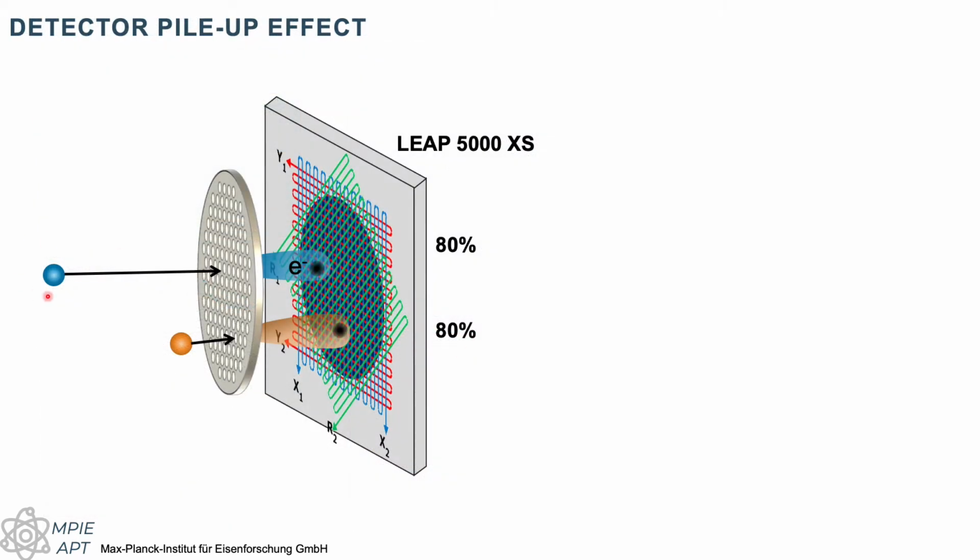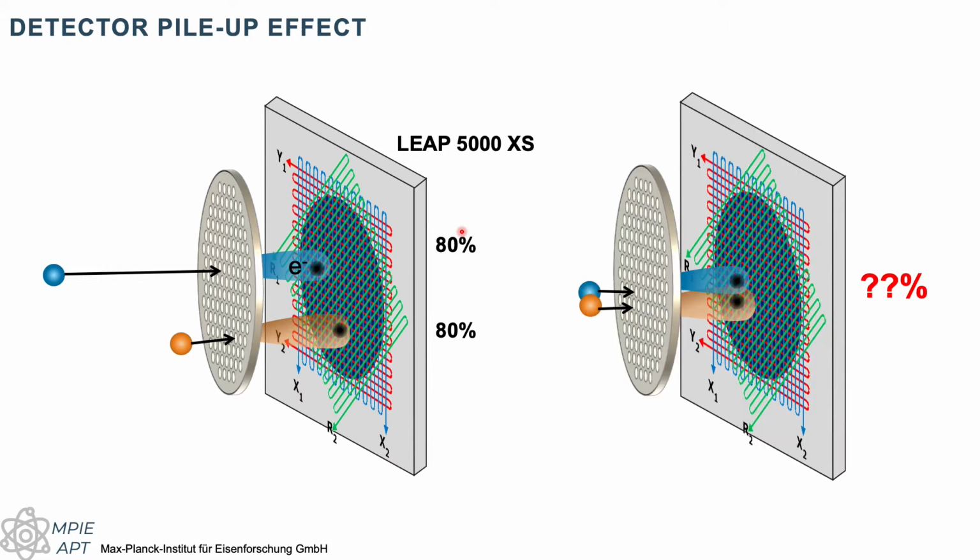What that means is that you have two ions that have flown, struck the detector, and generated these different signals. Again, on the LEAP 5000 XS, we have three lines looking more or less like this, and the detector efficiency is expected to be about 80%. But how close can two ions be before one of them might actually be lost?